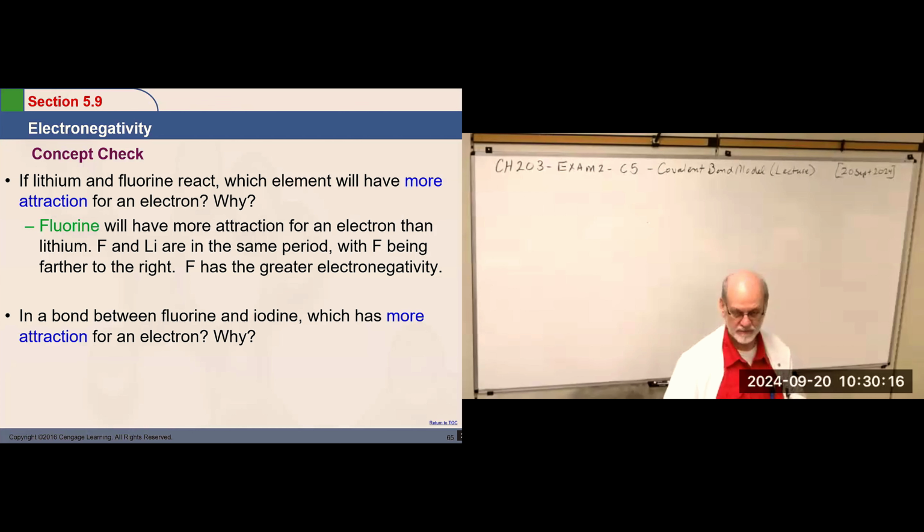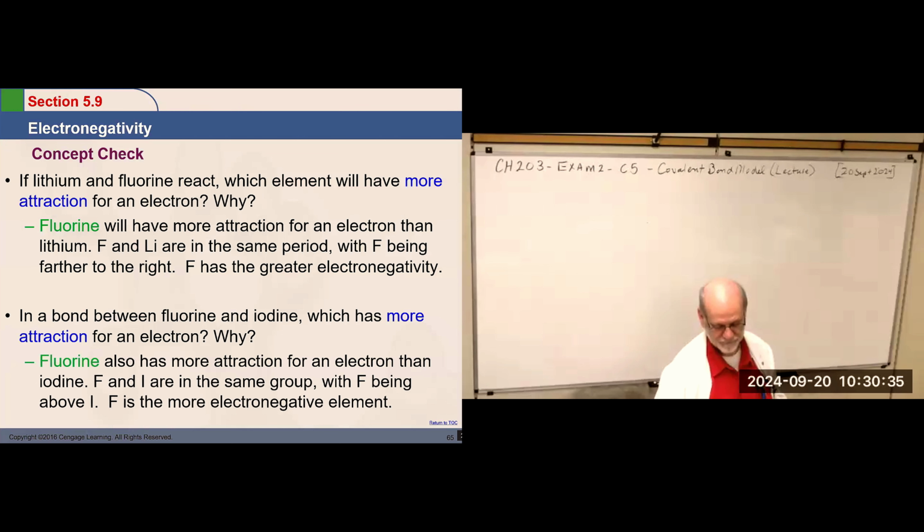You know that halogens can bond with their neighbors. You can get fluorine and chlorine, fluorine and iodine, bromine and iodine. You can get those molecules formed. And the electronegativity of fluorine is greater than iodine, so it's going to be polar toward fluorine, simply because of the trend in the group.